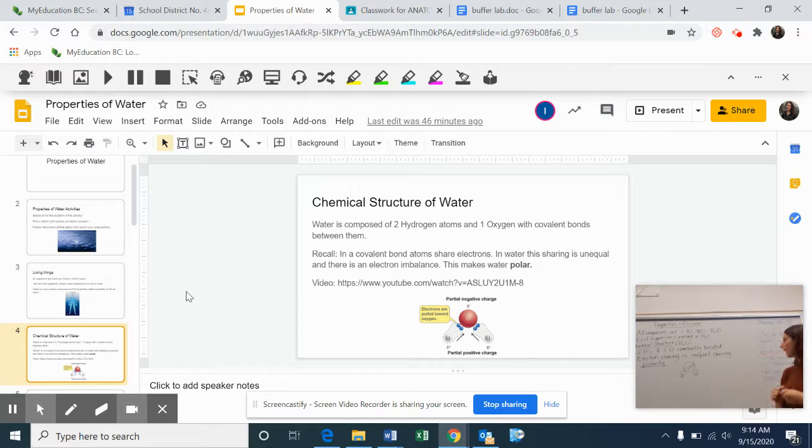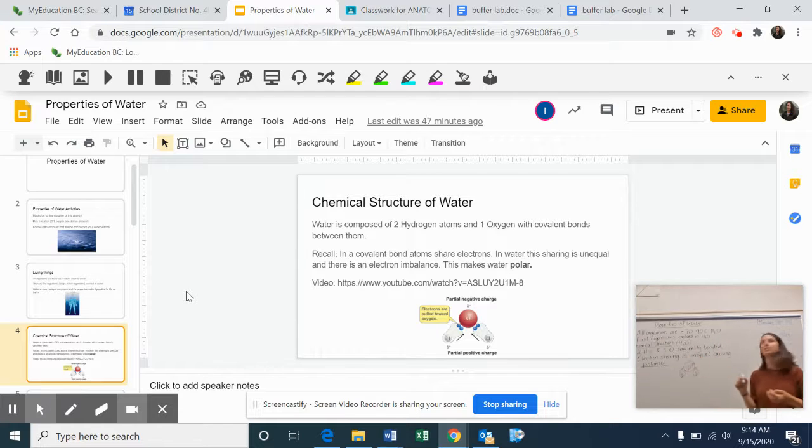So what happens is when they share electrons, those electrons are going to gravitate way more towards this oxygen because it just has such a strong positive charge on it. So it's got 8 protons as opposed to 1. So those electrons are just going more towards the oxygen. Does that make the oxygen more negative or more positive? Negative, yeah. If you've got more electrons, you're going to have more of a negative charge.